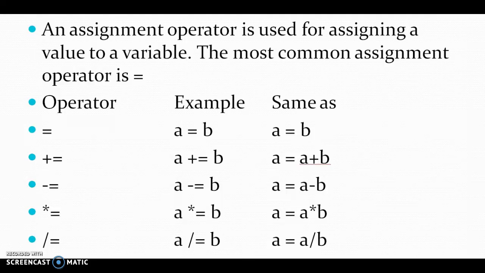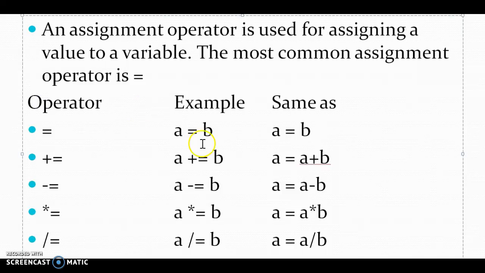Okay, and assignment operators. An assignment operator is used for assigning a value to a variable. The most common operator is equal to. Here are some examples and their equivalents. Equal to means a equal to b.